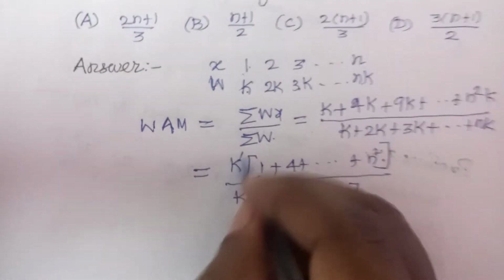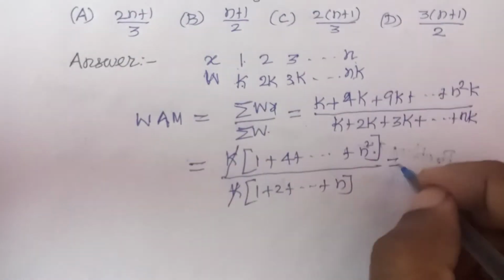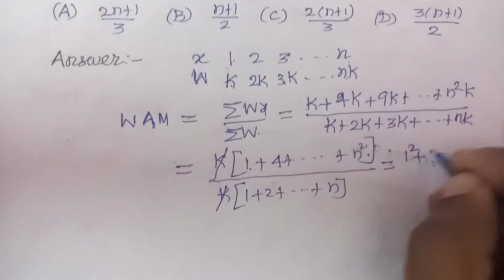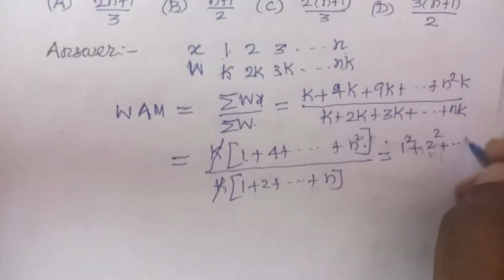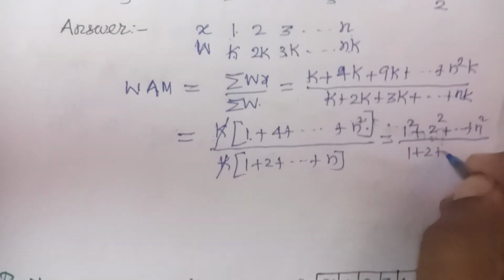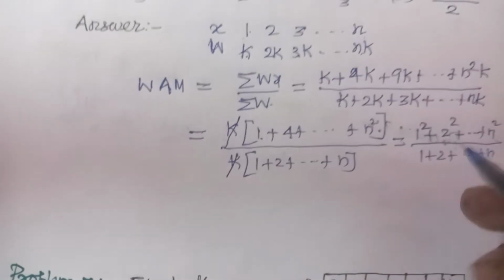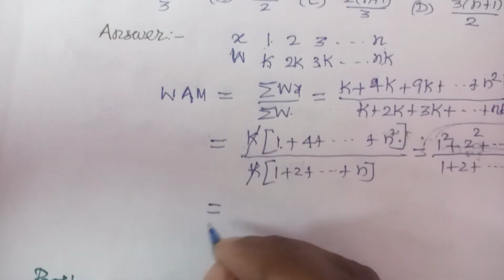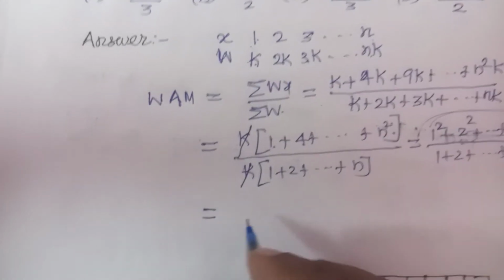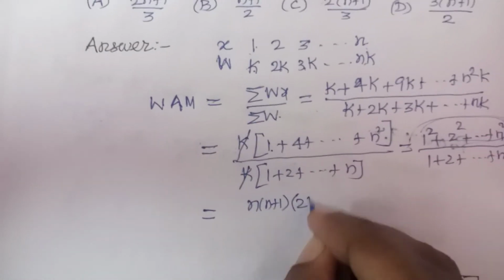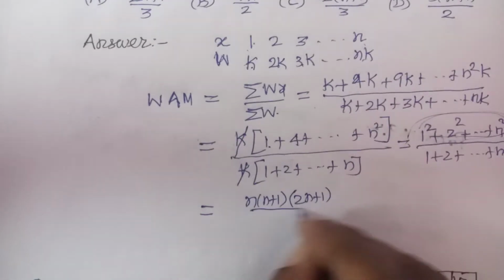We can divide k and k, which gives 1 square plus 2 square plus etc. plus n square divided by 1 plus 2 plus 3 plus etc. plus n. We know the formula for the sum of squares: 1 square plus 2 square plus etc., already discussed, n into n plus 1 into 2n plus 1 divided by 6.